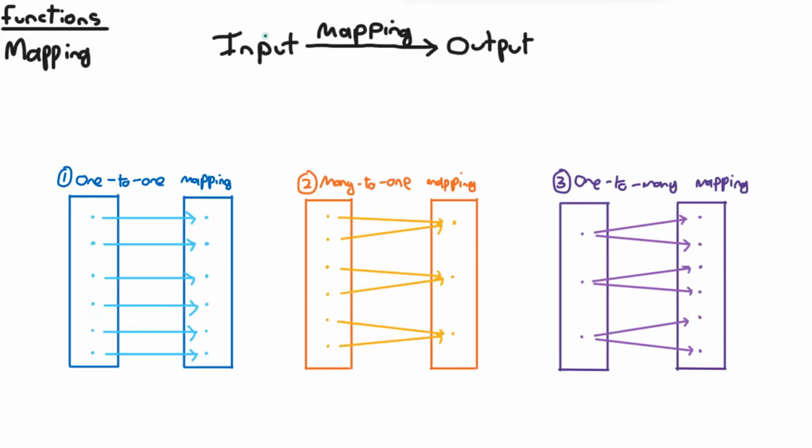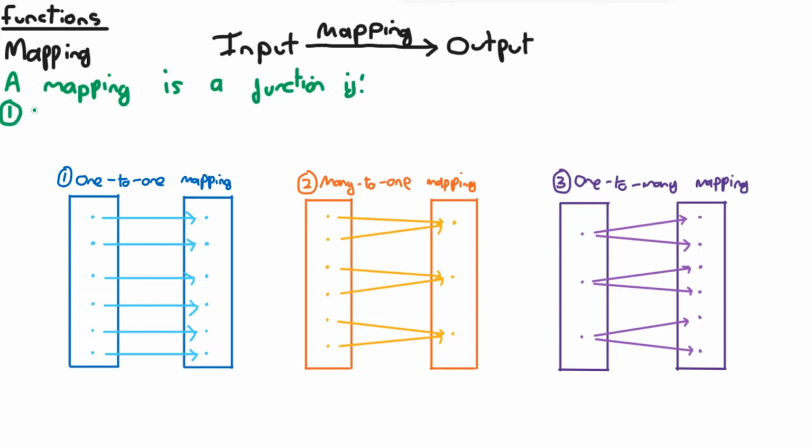So these are the 3 types of mapping, but mapping is not the same as a function. A mapping is a function if all inputs give out exactly one output. So what this boils down to is a mapping is a function if 2 conditions are met.